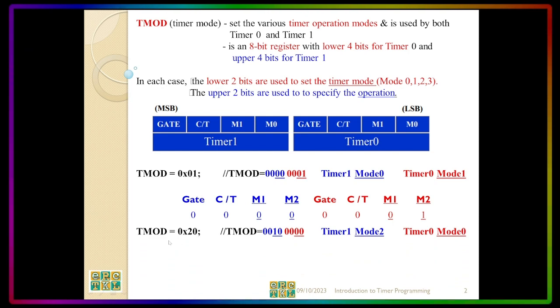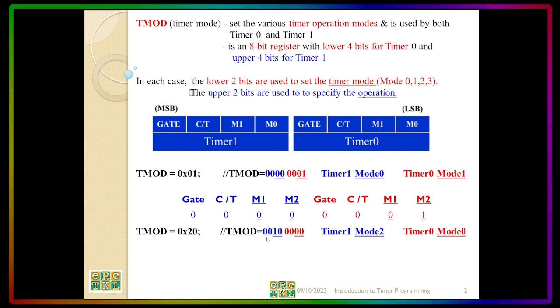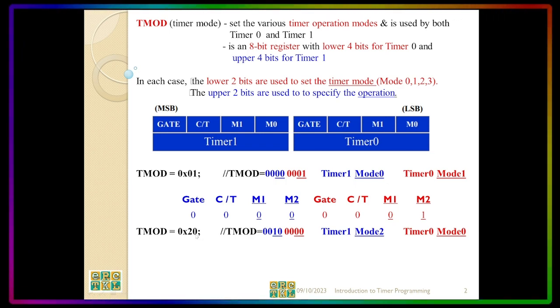Now, if you have TMOD = 0x20, this is in hex, so the TMOD in binary will be 0010 0000, where 0010 represents the number 2 here, and 0000 represents the 0. The first two bits belong to the gate, which will be 0, and the C/T, which will also be 0.